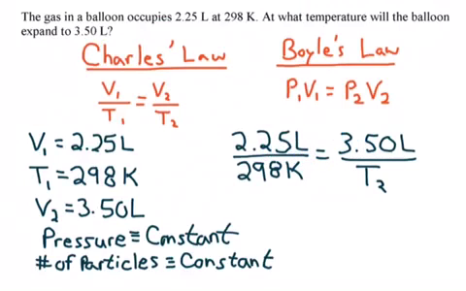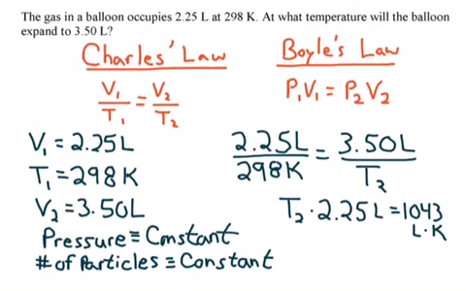So to cross multiply, I just do T2 times 2.25 liters, and that's equal to 298 Kelvin times 3.50 liters, which is equal to 1,043. I'm running out of room, so I'm just going to write my units below that number, liters times Kelvin.